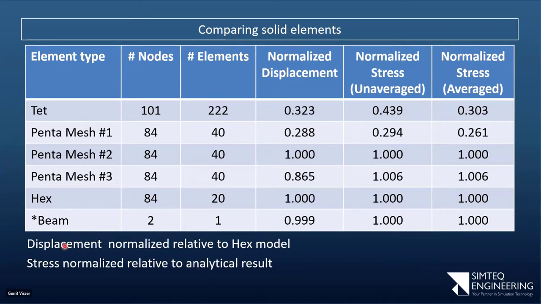Good. So just as reference, again, I've said this before, but the displacements is normalized relative to the X model. So I compared the displacement of everything to that one. And for the stresses, I've done a hand calculation and compared all of those values to that. So in principle, what I wanted to discuss in this section is that the type of element critically determines your accuracy.